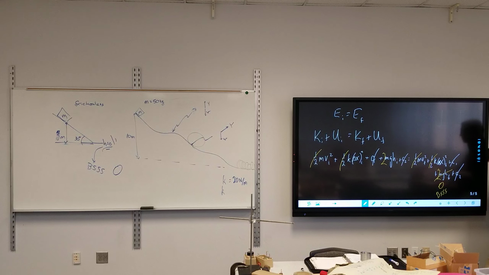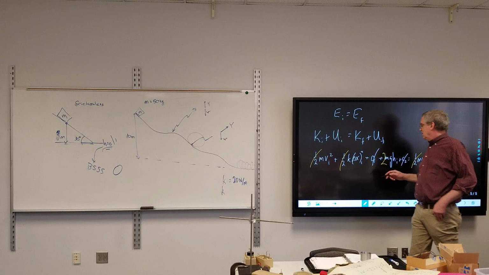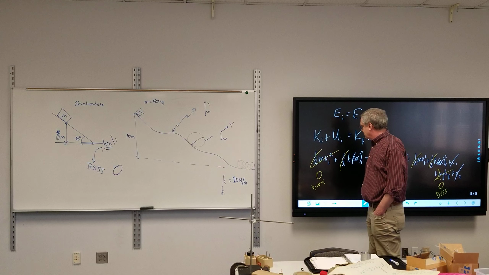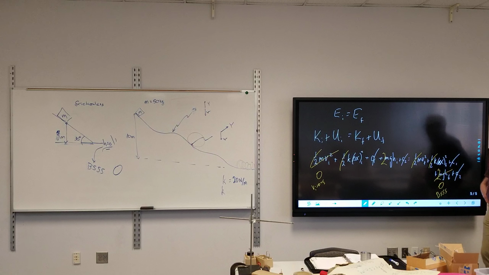Is vi, are we starting at rest here? Yeah. So then it's 0 at the beginning. Why did you cross out the last mgh? Because you just decided it was equal to 0? Yeah. Okay.